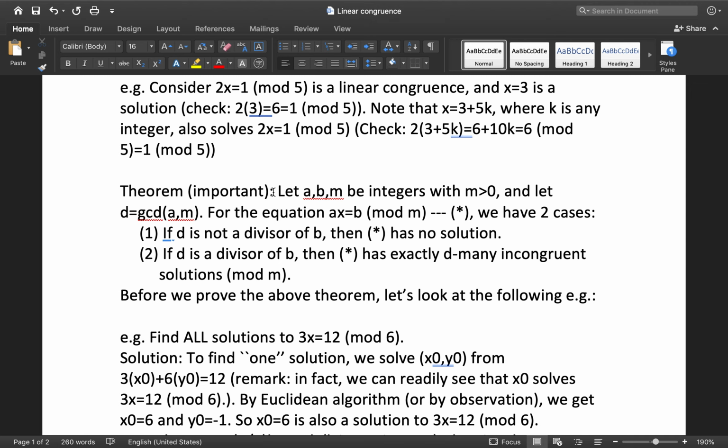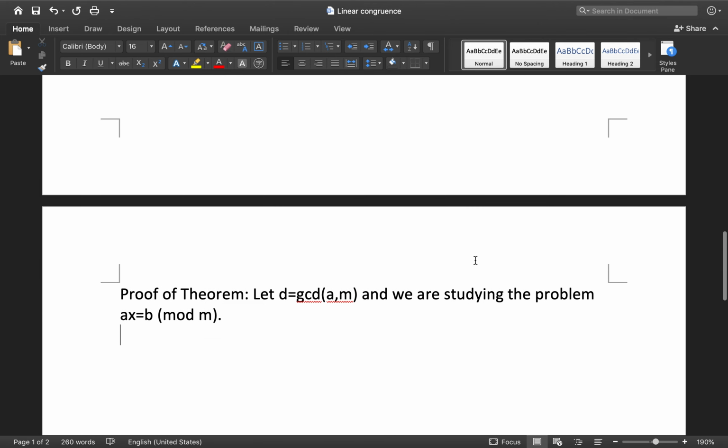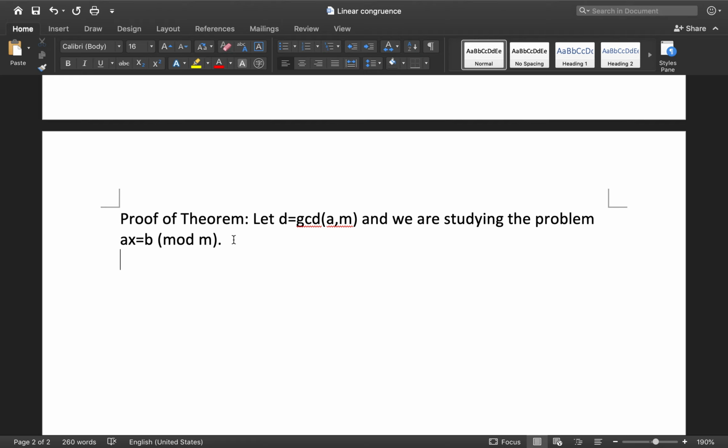If the GCD is not a divisor of b, then this equation has no solution. Otherwise, this problem will have exactly d many incongruent solutions. As before, we call that equation star, just for discussion purposes.